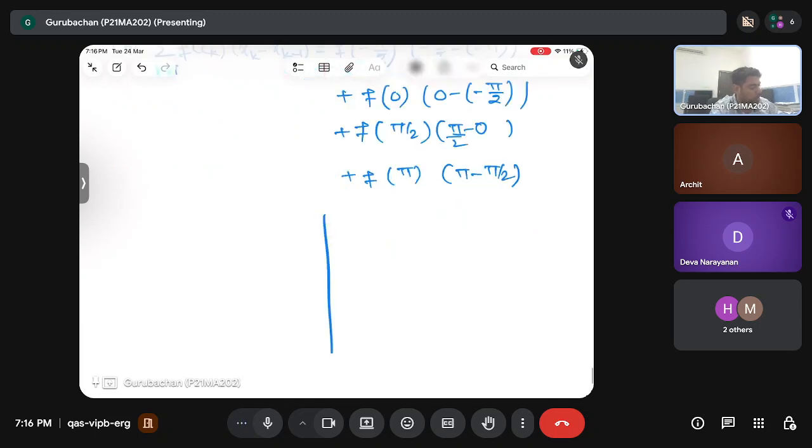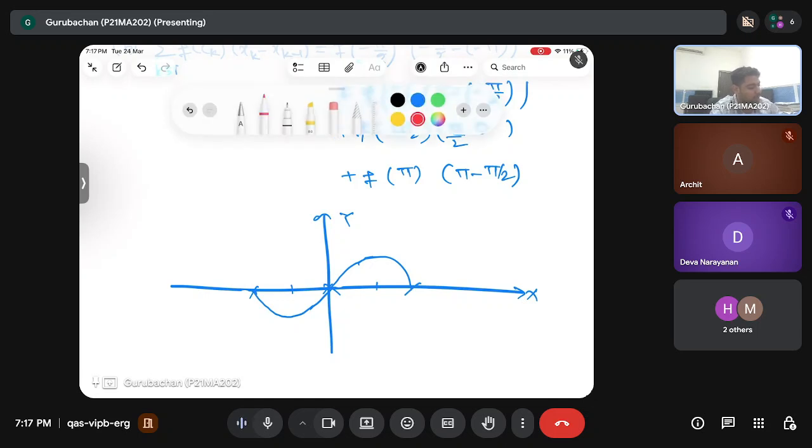So from here, when you draw, what are the points? This one, this one, this one, this one, and this one. So what is the functional value between minus pi by 2 and pi by 2?